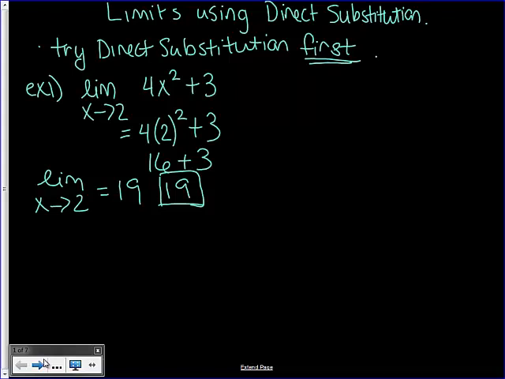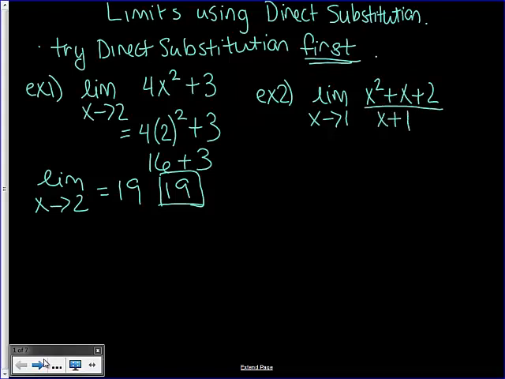Okay, now remember that notation we talked about yesterday. You have to always use that notation. Or you might see something like this. Example 2. The limit as x approaches 1 of x squared plus x plus 2 over x plus 1.